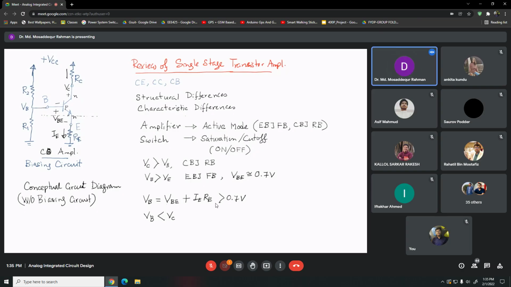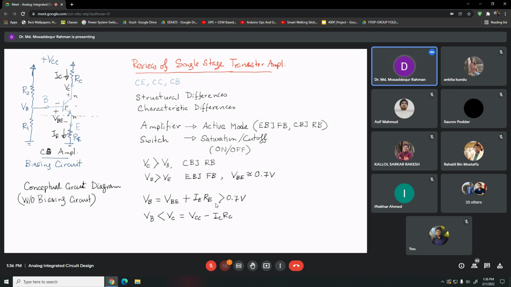If a current IC is flowing here, VC will be your VCC minus IC RC. So this voltage has to be less than this voltage. So designing the biasing circuit is also a critical part of designing the amplifier, right? This has to be forward biased and this has to be reverse biased.